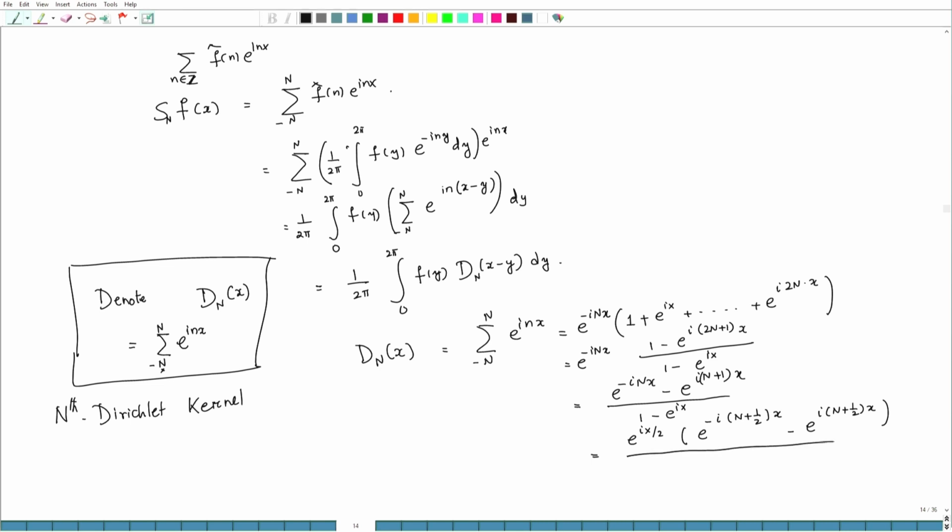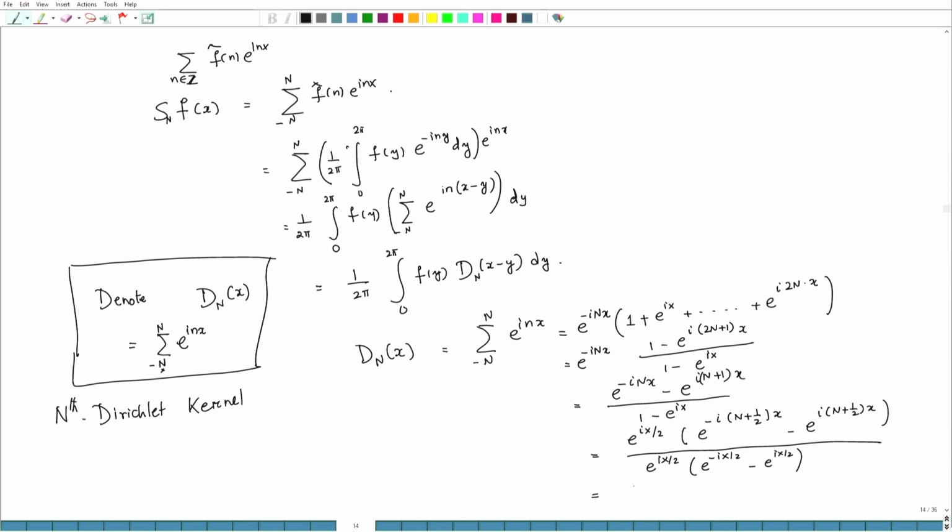Now, similarly, from the bottom, if I take e to the power i x by 2, I get e to the power minus i x by 2 minus e to the power i x by 2. So, this 2 gets cancelled. Now, this is the symmetry. So, this is going to be minus 2i sin (n plus 1/2) x divided by minus 2i sin x by 2.